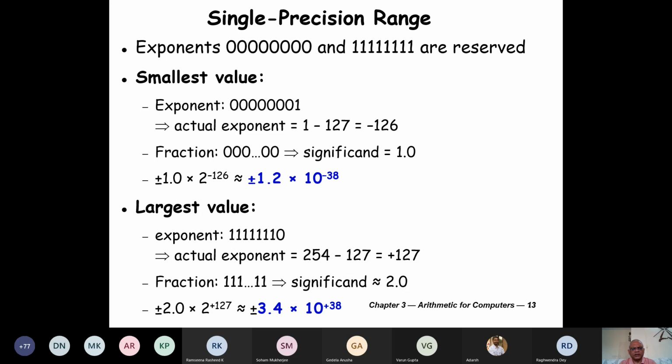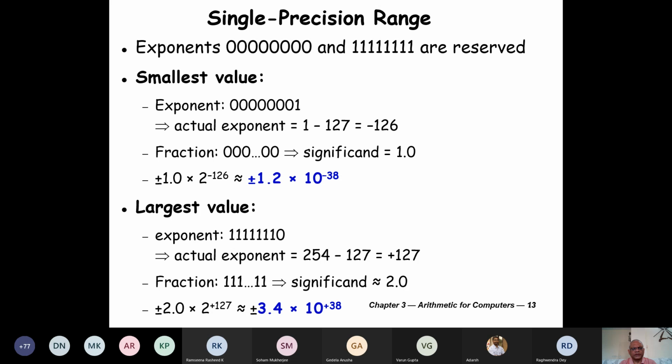Once we reconstruct the number, 1.0 times 2 to the power 1 minus 126, which is equal to, depending on the sign, 1.2 times 10 to the power minus 38 or minus 1.2 times 10 to the power minus 38. It's no prize to get this number for 2 to the power minus 126, because 2 to the power 10 is 1024. So that's how we get 1.2 here.